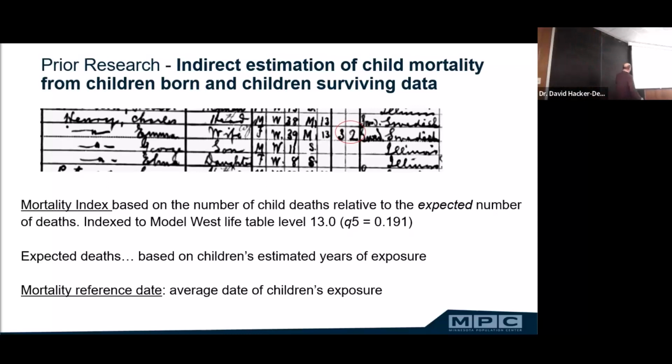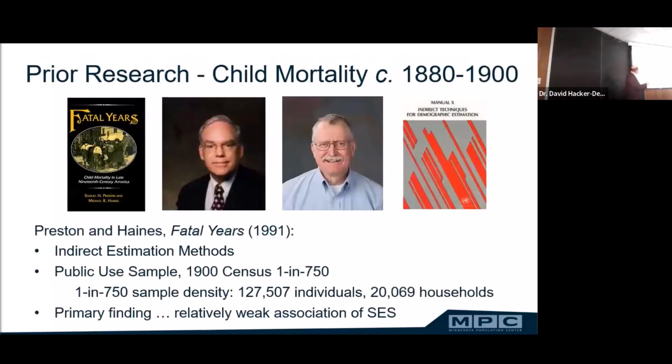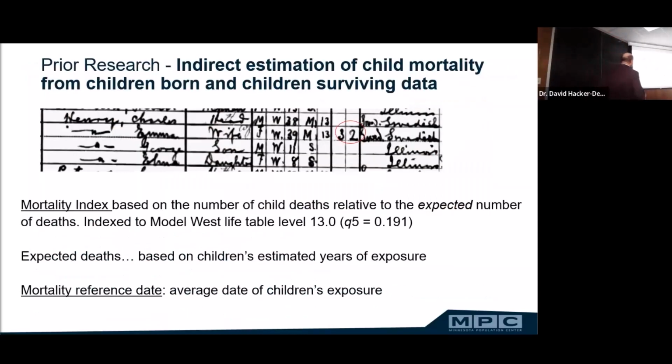So Sam and Mike relied on, well, let me go back, the demographic techniques by the United Nations publications, 1980, a lot of work of Sam and other people in developing countries. How can we measure child mortality in places that have incomplete vital registration systems? We ask these kinds of questions, and there are methods associated with it. Basically, they relied on an index for most of their analysis.